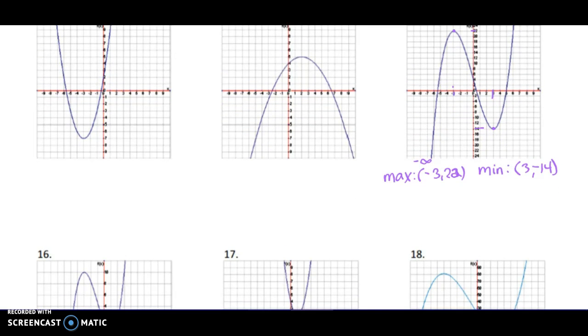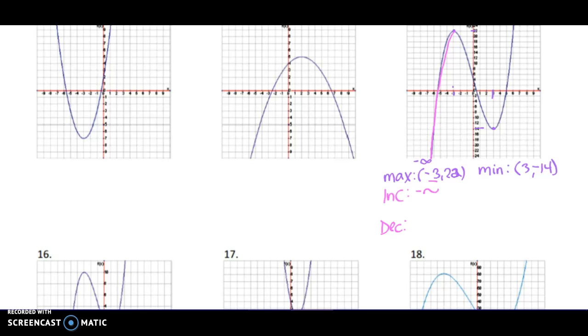Now for the increasing and decreasing intervals. Starting on the left side, which direction am I moving? I'm going up from negative infinity to that max of -3. So I'm going up.